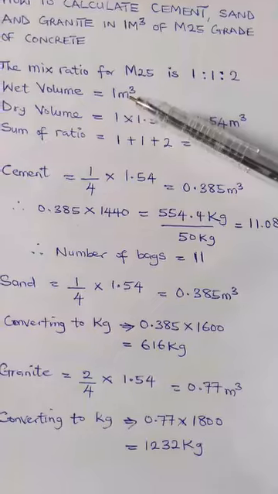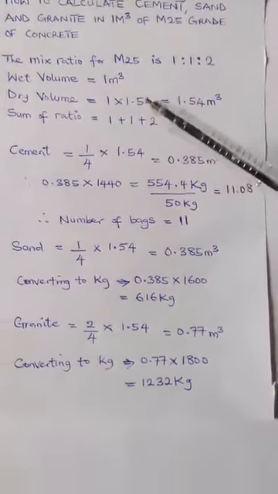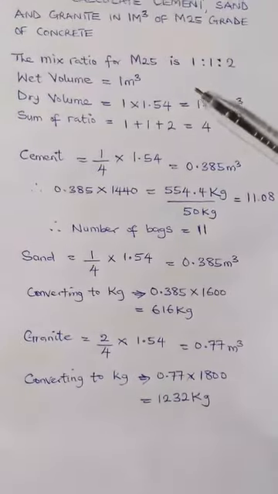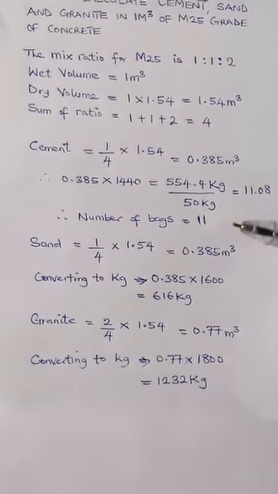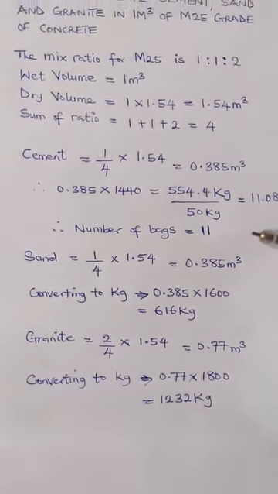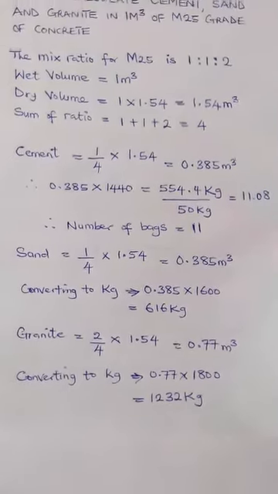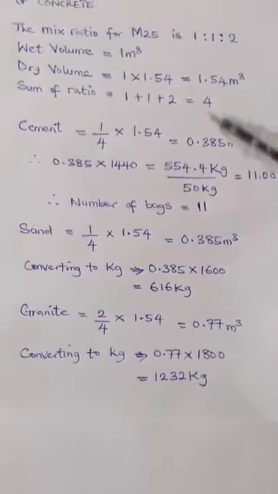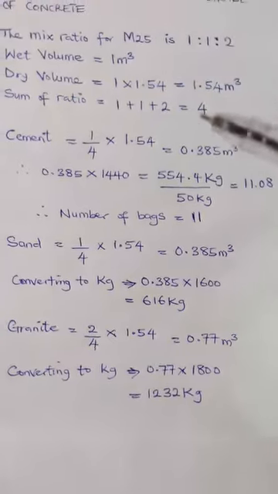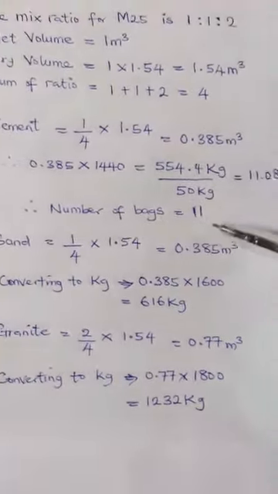If at the end of the day you have a slab and you need maybe 2, 3, or 5, 6 cubic meters to cover the entire slab, all you need to do is multiply that quantity by the cement figure to get the number of bags of cement.